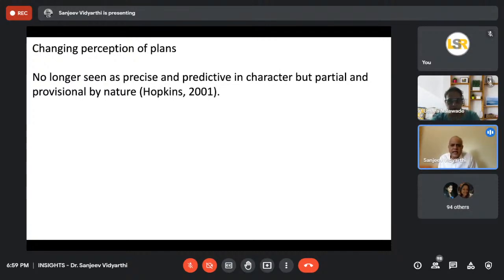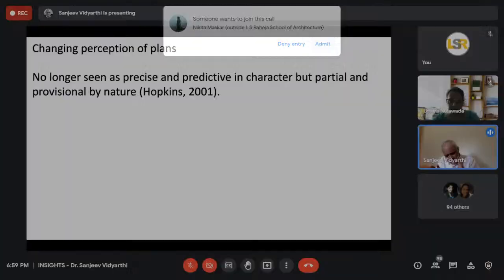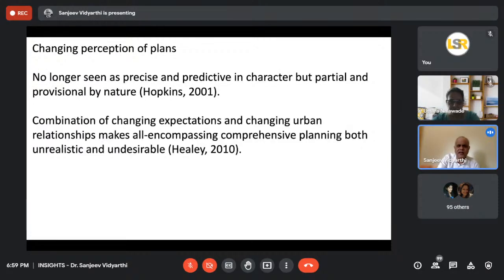The argument against it is that the technology changes so fast and life quality changes so fast, requirements change so fast, it's very difficult to predict what would happen in 20 years. So थोड़ा सा flexible रखें, थोड़ा उसके अंदर ऐसे options रखें कि things can change. So plans go within the discipline of planning and design. We see them as precise, partial and provisional.